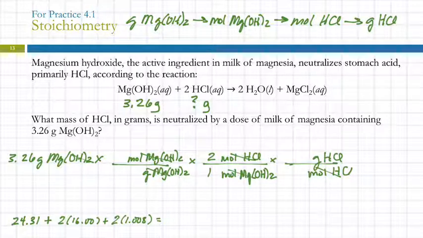And I would encourage you to write it down like that so that you can go back and check your work, because it's very easy to make a mistake. There's lots of little things to do. So 58.326 is the mass of 1 mole of magnesium hydroxide.